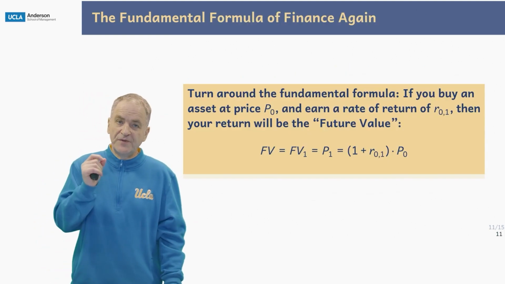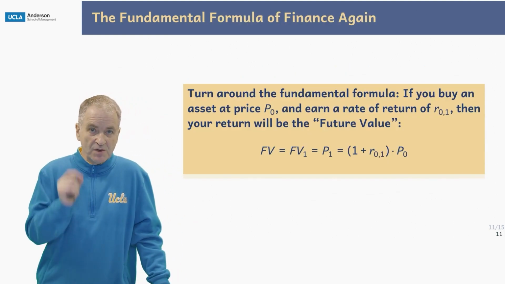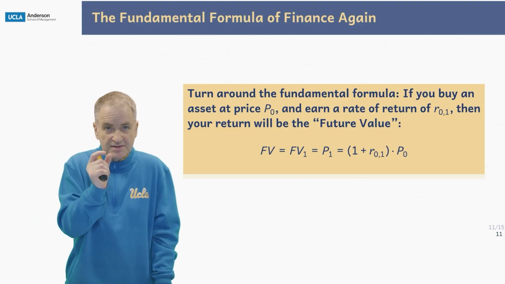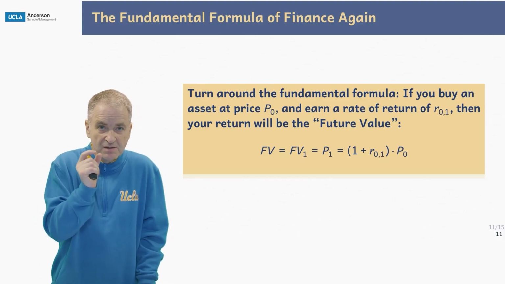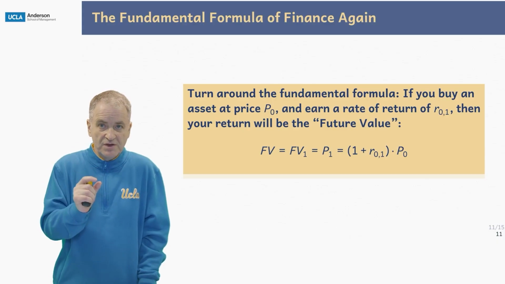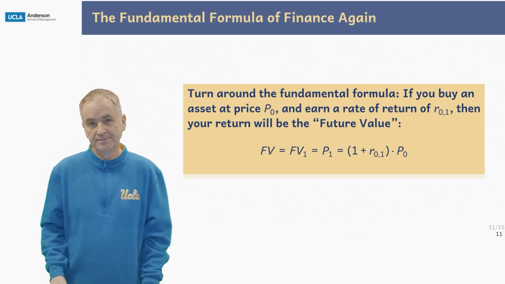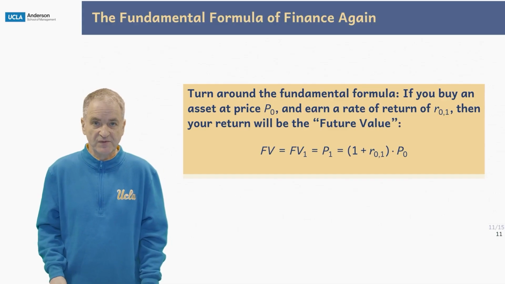Now, we're going to do the fundamental formula of finance again. We're going to turn around the fundamental formula. If you buy an asset at price P0 and you earn a rate of return of R01, then what will you have in the future? That's called the future value.